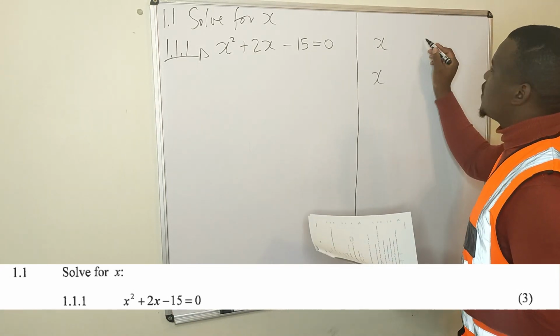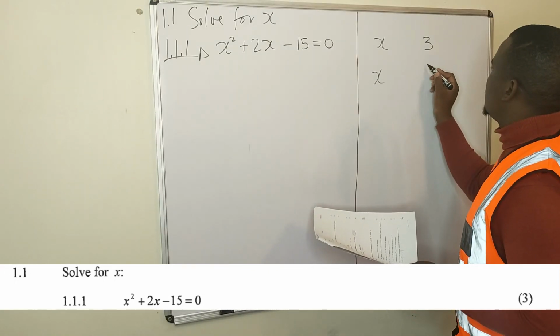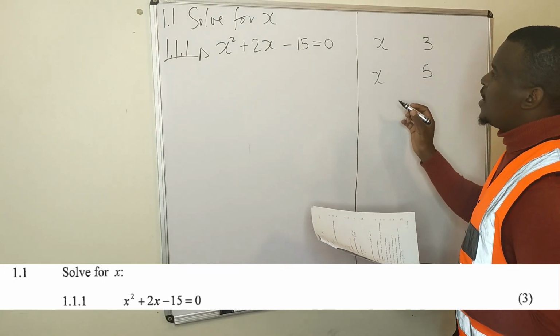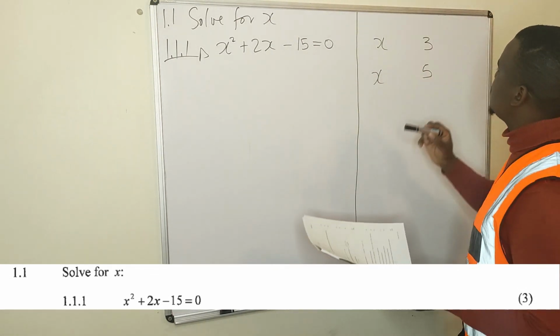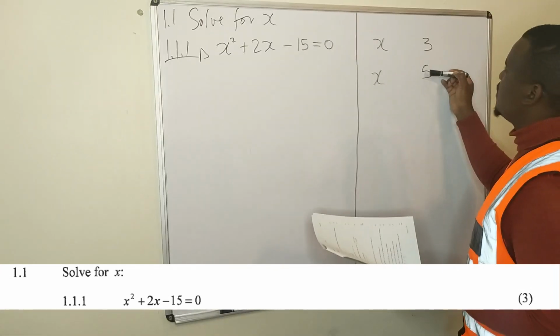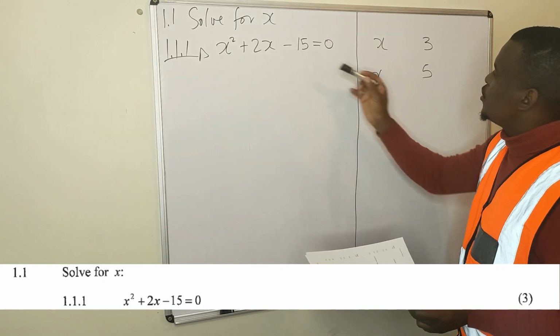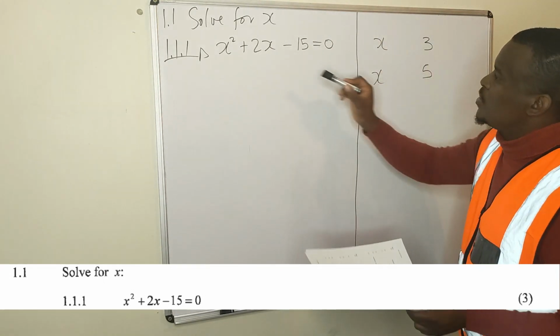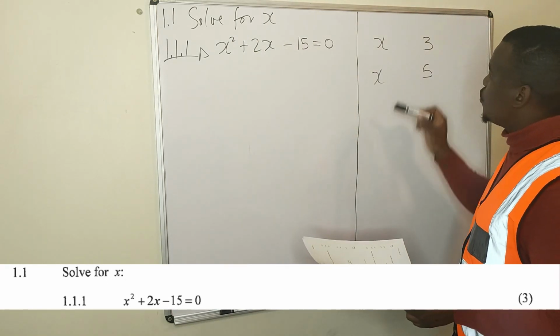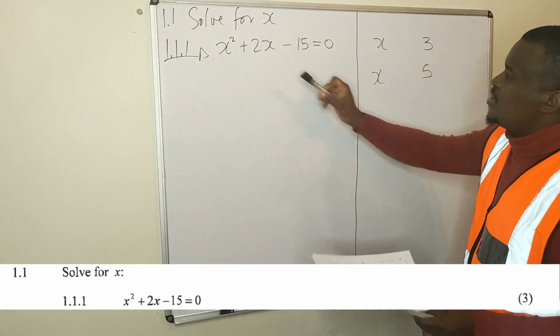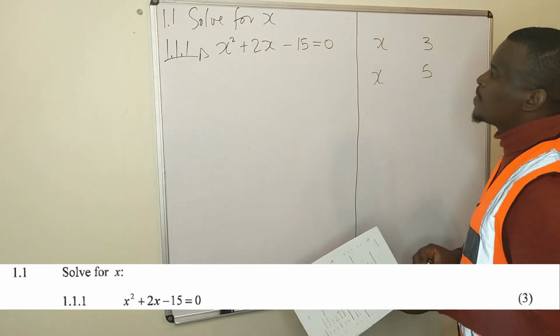So we have 3 here, 5 here. x times x gives you x squared, and this times this gives you minus 15. When you cross multiply the two, they should give you the middle term.